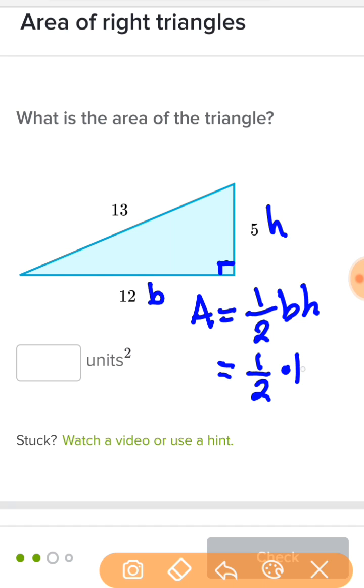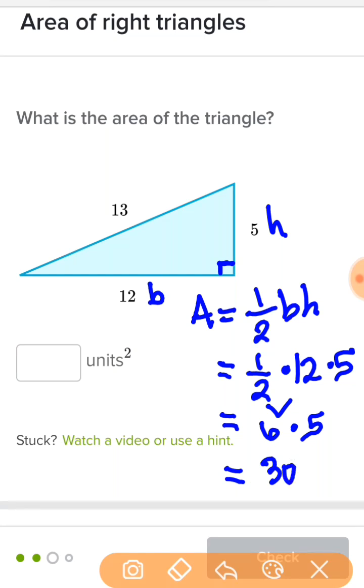So half of 12 times 5. And so I'm going to take half of 12, which is 6, and bring down the 5. So 6 times 5, and 6 times 5 gives you 30. So the area of this triangle is 30 units squared.